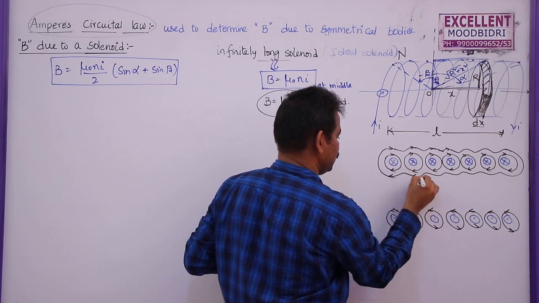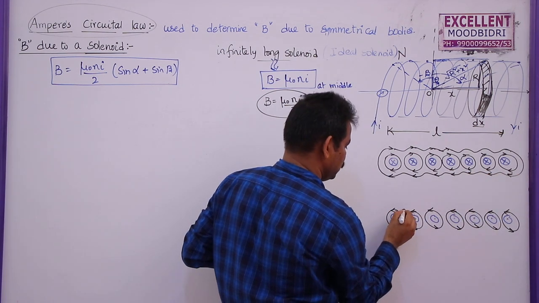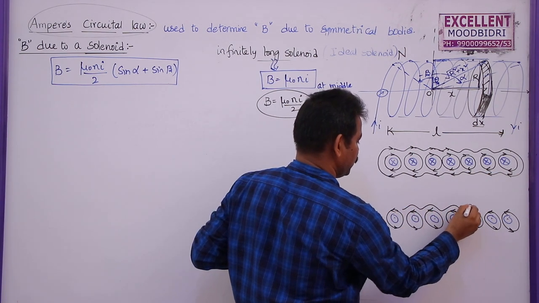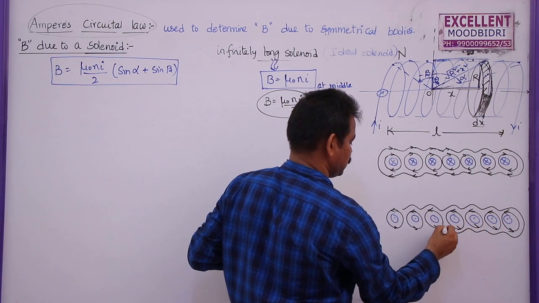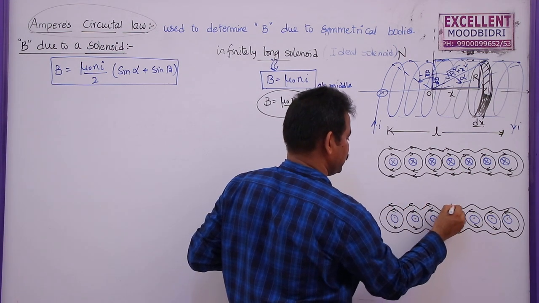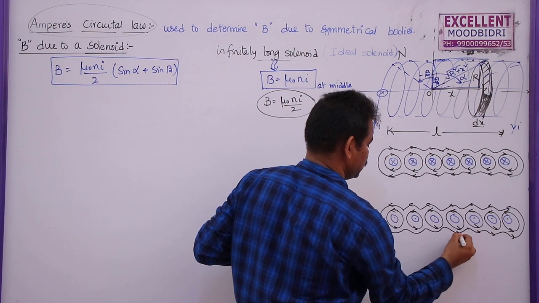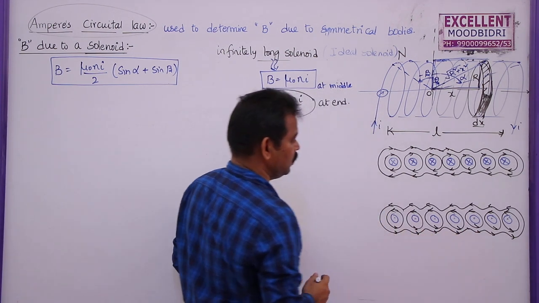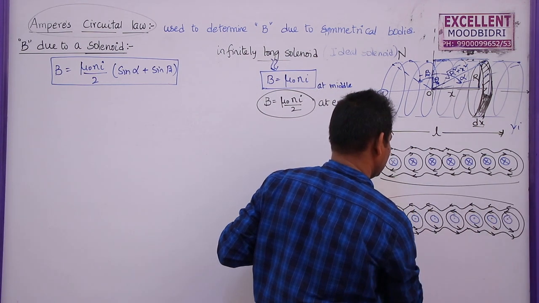Here also, if you want to represent a magnetic field, here the field is in this direction and the field is in this direction at this point. Now you can see the next lines will be like this.